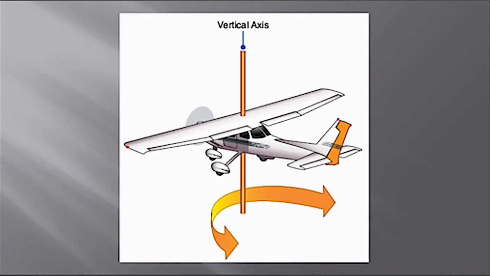Vertical axis. This causes a yaw, Y-A-W. Or I can call it directional stability. This helps me maintain my direction. Now the airplane has a propeller on the front, so it's going to move that direction, whichever way the propeller is pointing.